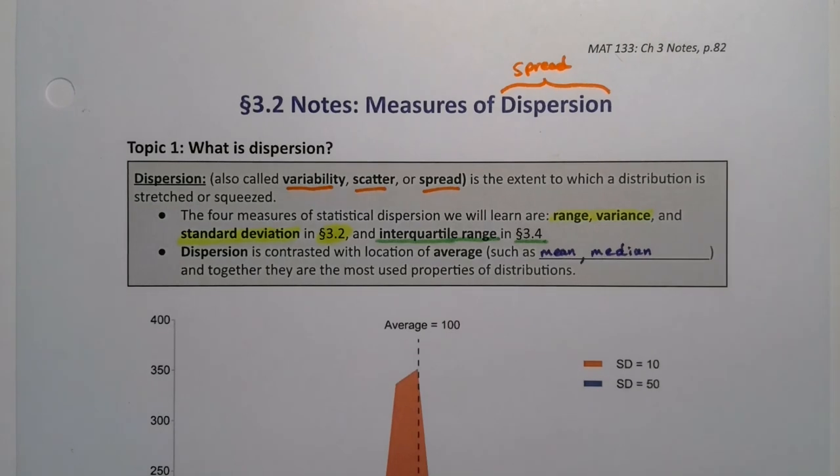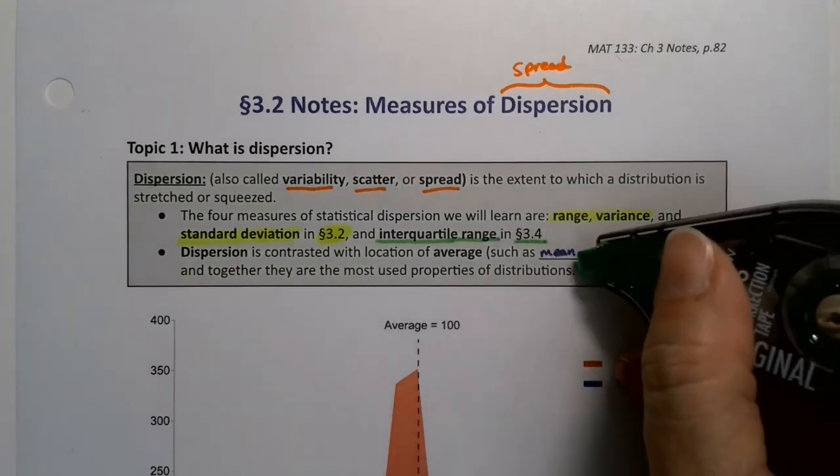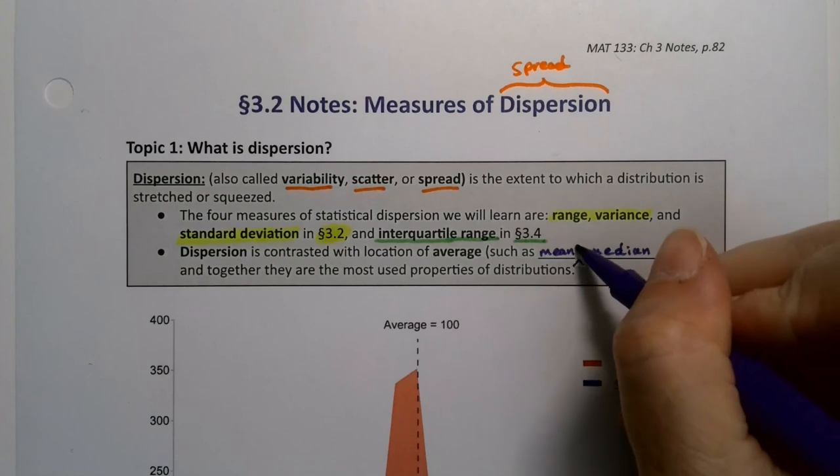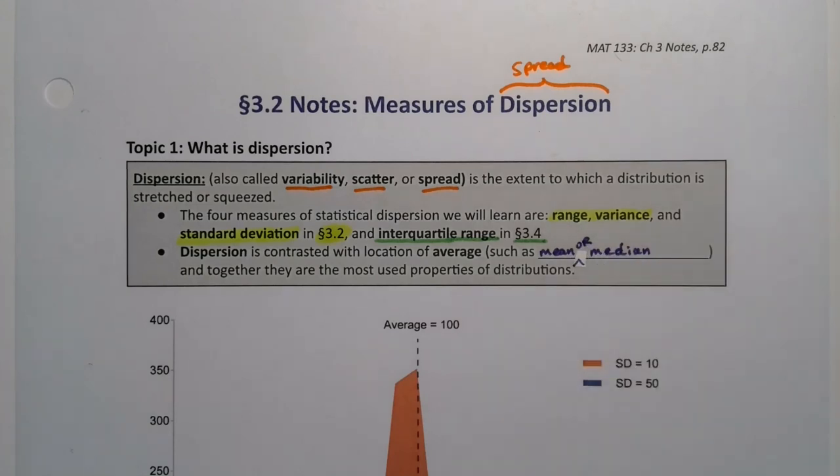So when you're using your measure of spread, you're usually comparing it and contrasting it with the mean or the median. That's what we're doing. And then we use those two together in combination to kind of describe that distribution.